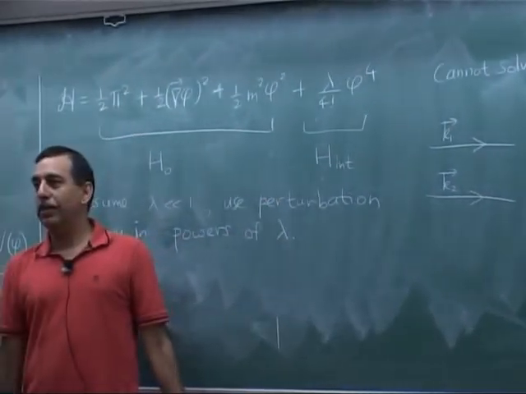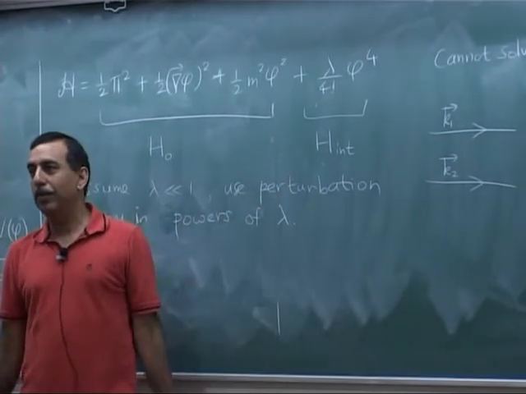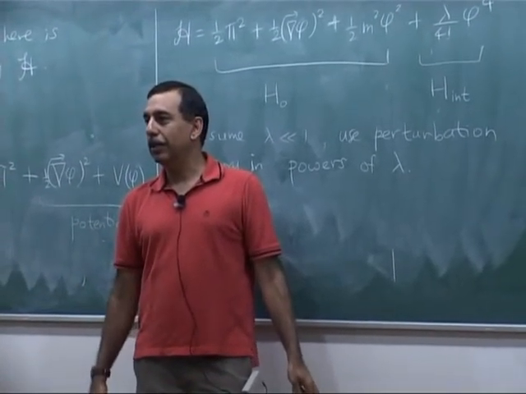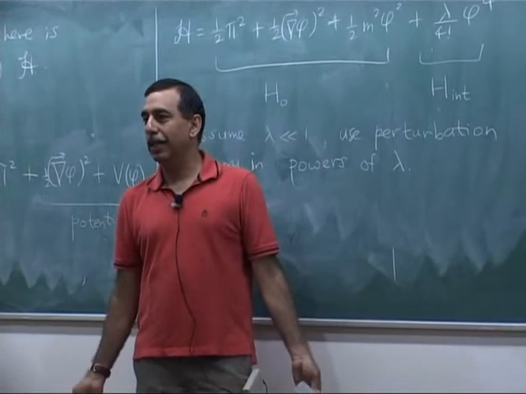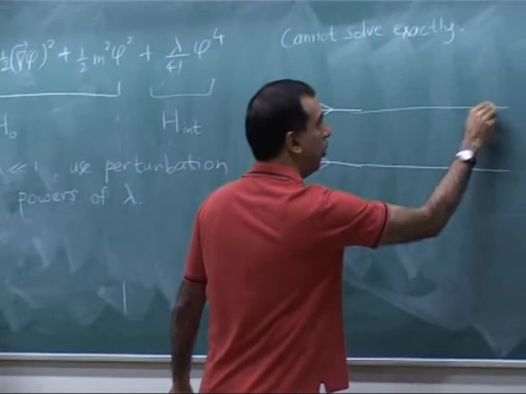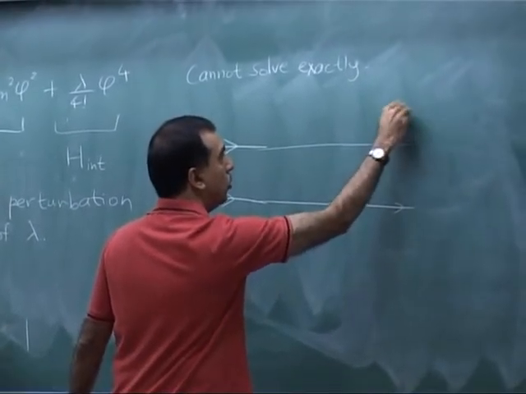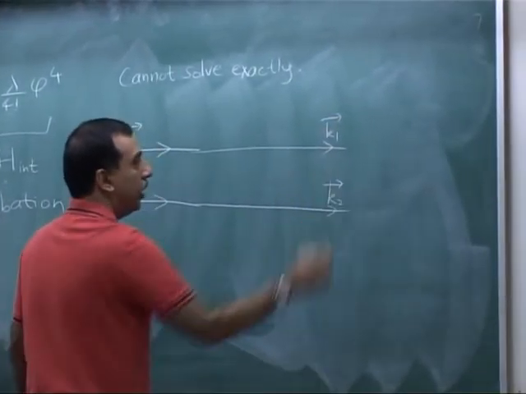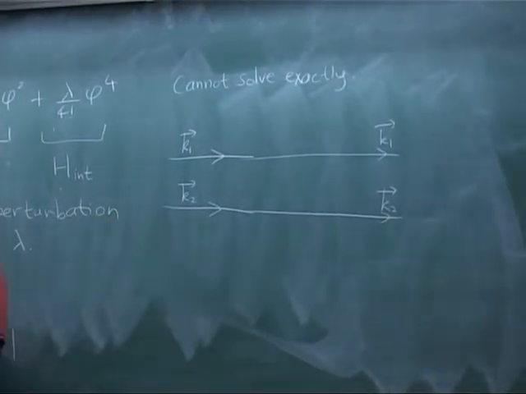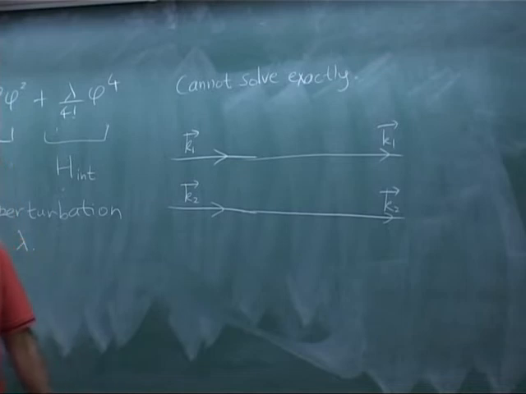Now, as long as lambda is 0, what is the possibility for time evolution of this state? What can it become far in the future? The same state exactly. This particle keeps propagating and this particle keeps propagating. So, the outgoing particles also have momentum k1 and k2, and in all respects they are identical to the incoming particles. That's what you can do when you don't have lambda.